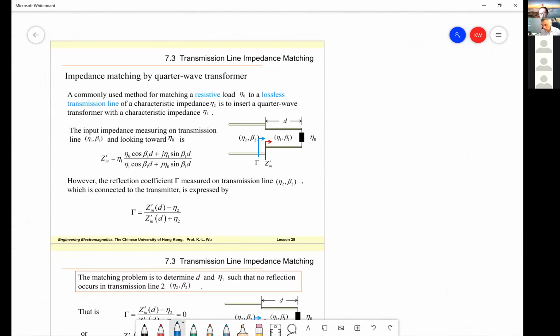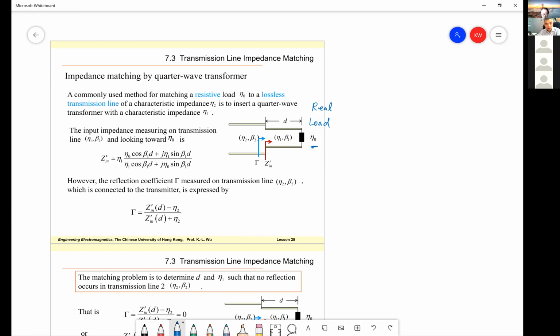From time to time, when we give a load, we said we can find a point where the load is real, right? That point happens at a voltage minimum or voltage maximum. So we can assume the load is a real load.